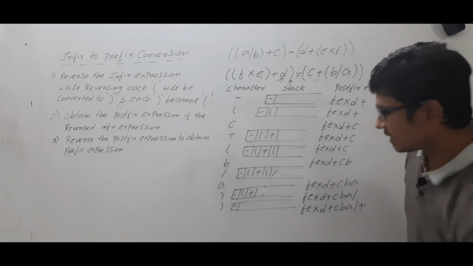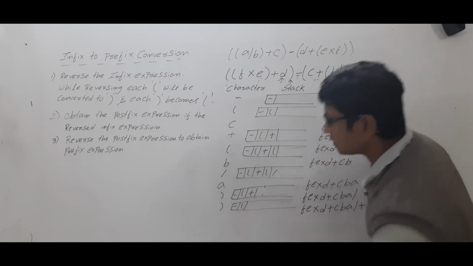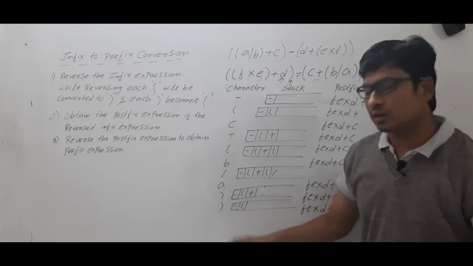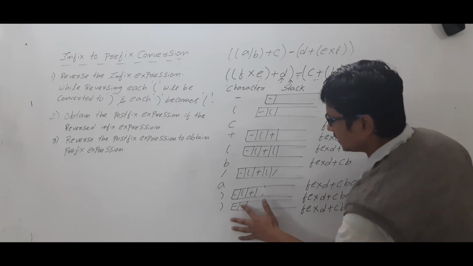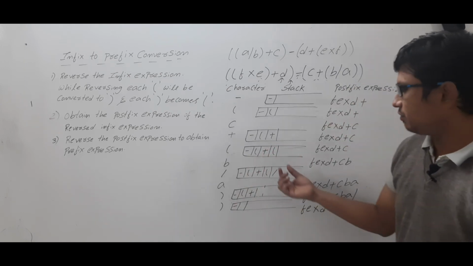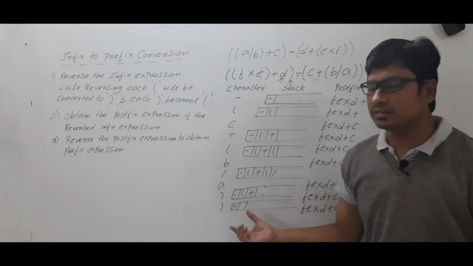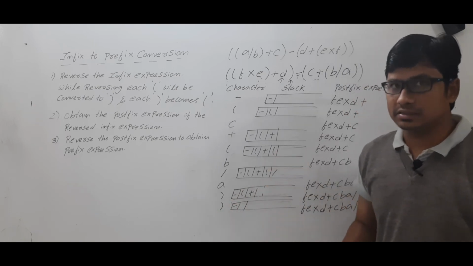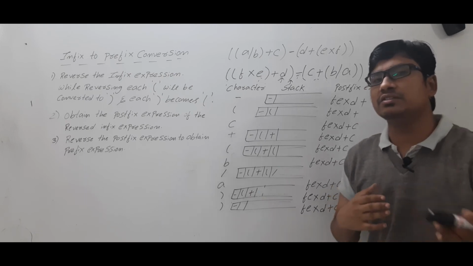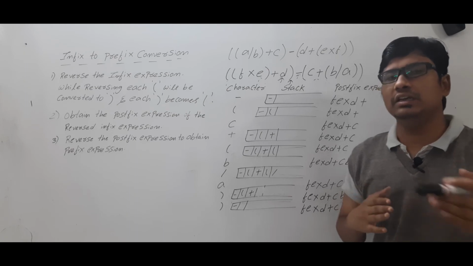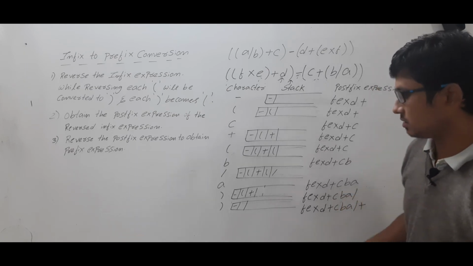There is a subtraction, this is an open parenthesis. Now the top of the stack is an open parenthesis and you are scanning the closed parenthesis, then you can neglect it. That is the thing you need to do. If the top of the stack consists of any operators, then you need to pop all the operators till you get an open parenthesis.